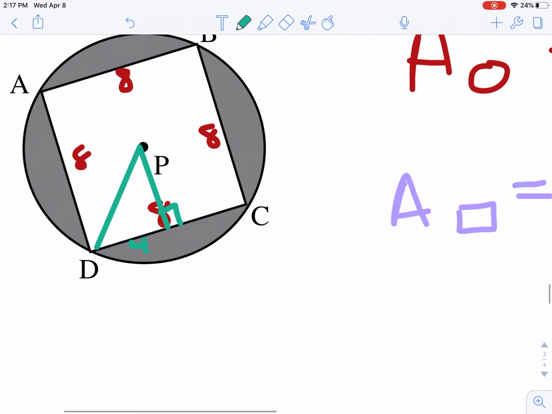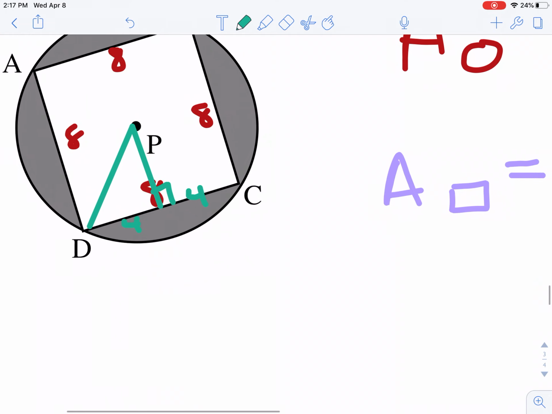And make that 4 and 4. And then one thing that I know about this is that this distance right here, this leg and this leg, let's see, should be the same, right?